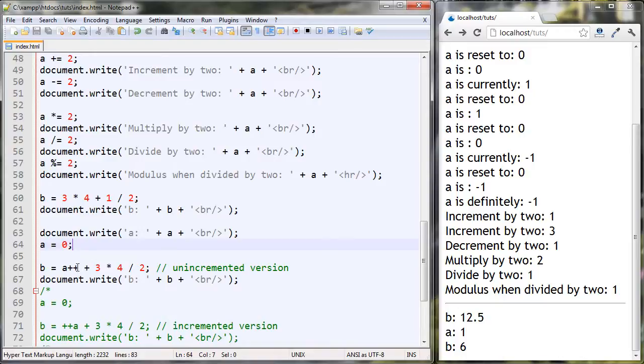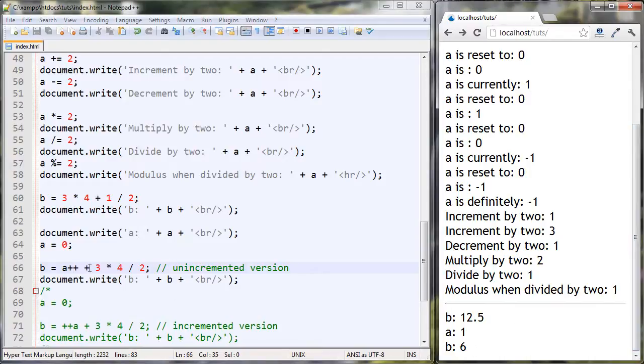It's going to increment a by 1, but itself is going to evaluate as if it were not incremented. So this should evaluate to 0. This is 1 after this does its thing, but this will still evaluate to 0. So this should be 0 plus 3 times 4 over 2. And we got a 6 there.